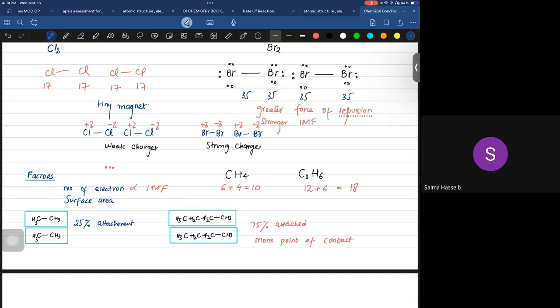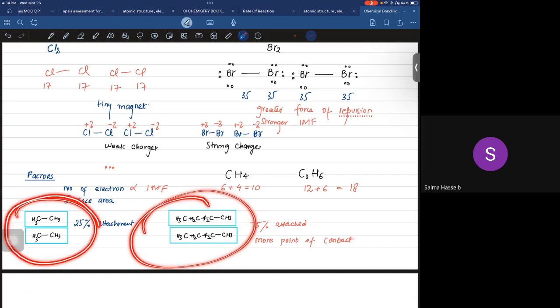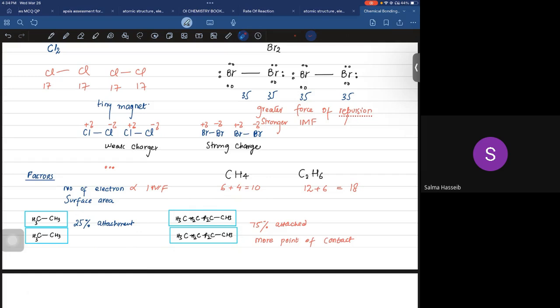So of course, if the two things are going to attach in a greater manner, the points of contact are higher, so you cannot separate them easily. That's why its intermolecular force would be higher, and this intermolecular force would be lower.